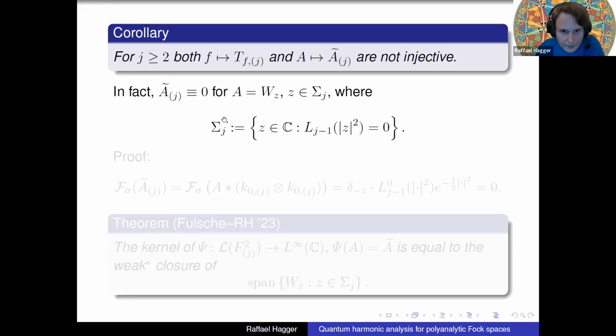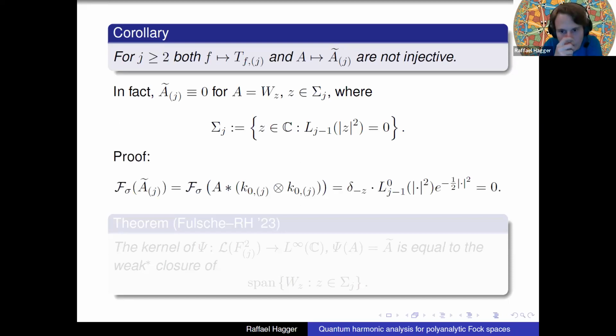So let's check this counterexample. What I want to show you is that if we take the Weyl operators and take this Berezin transform, then we get actually zero, if c is a complex number such that this polynomial is zero. So if this z is the zero of this polynomial.